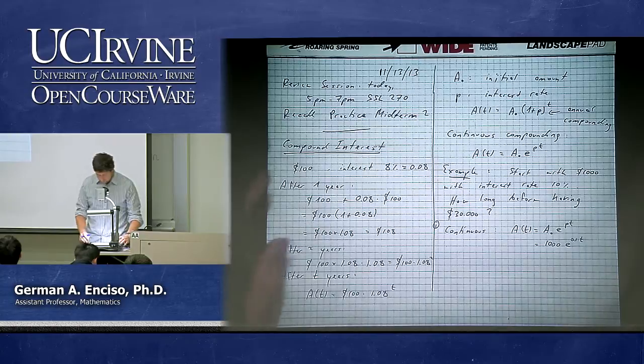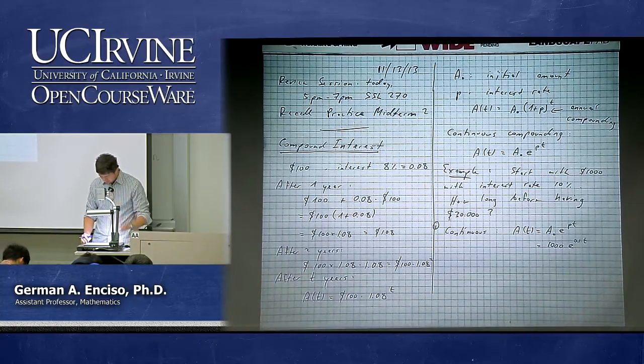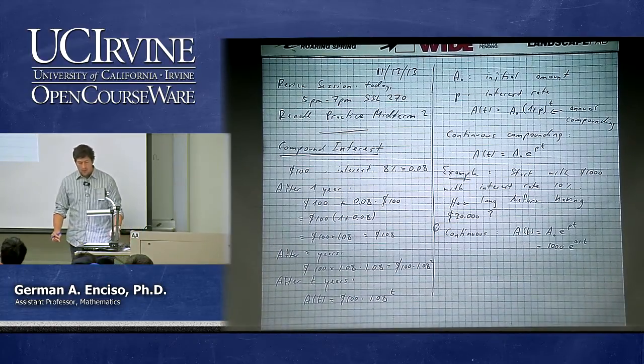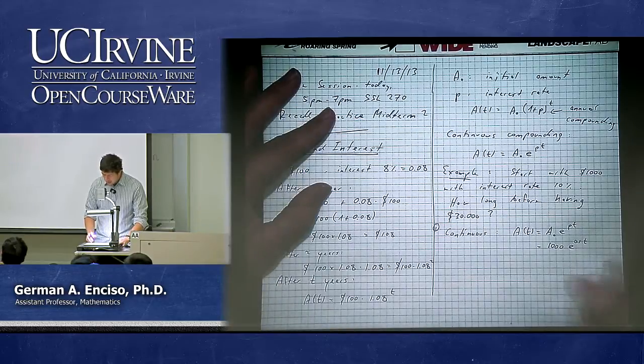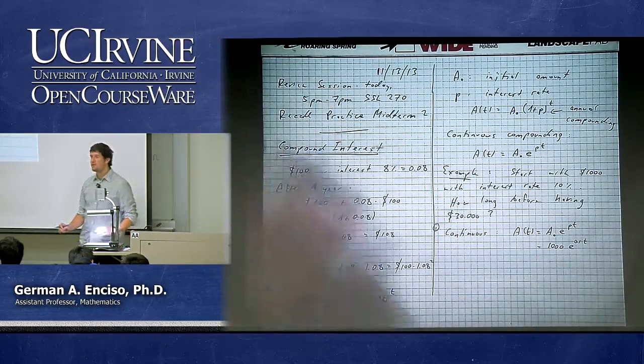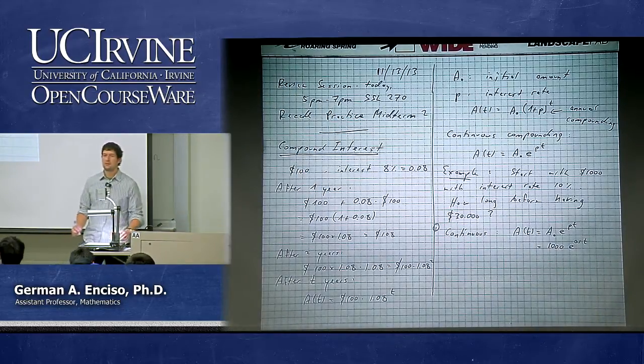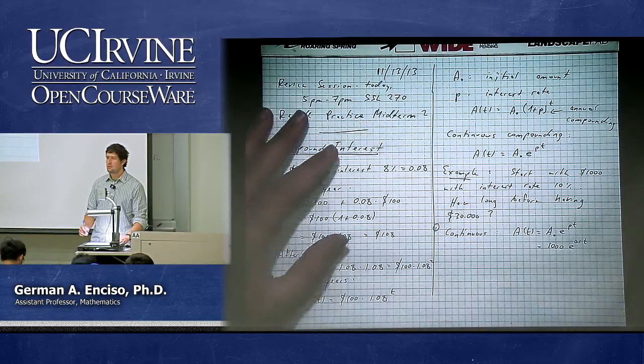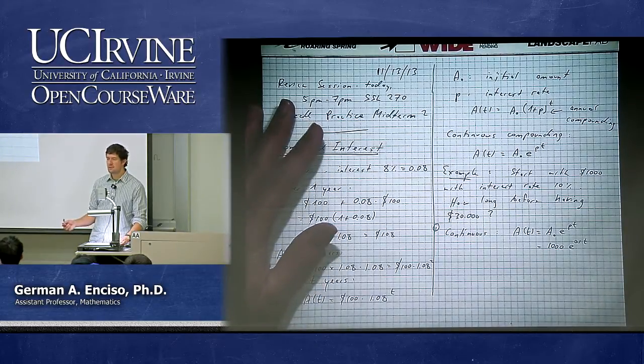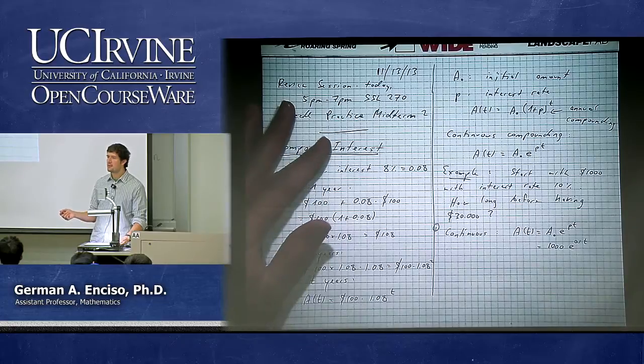So, okay. How much time before having $30,000? What do you think? How do we do this? Set equal to 30,000. That's right. And then find out t, right?